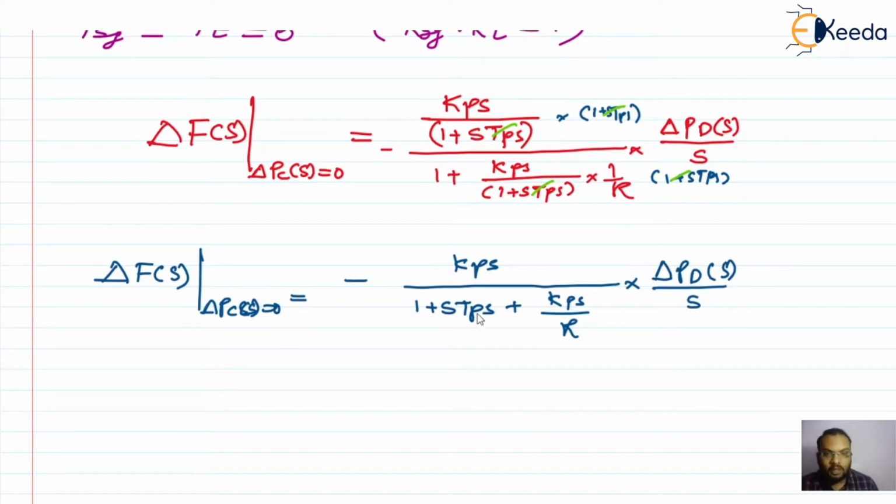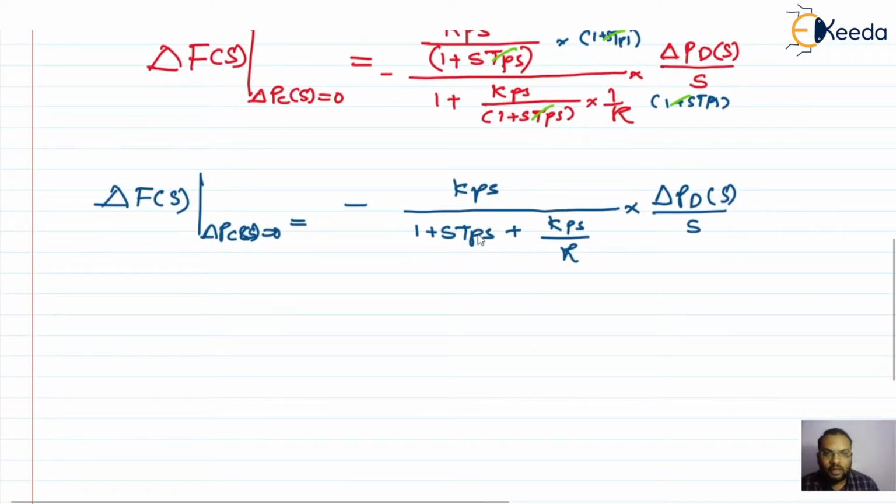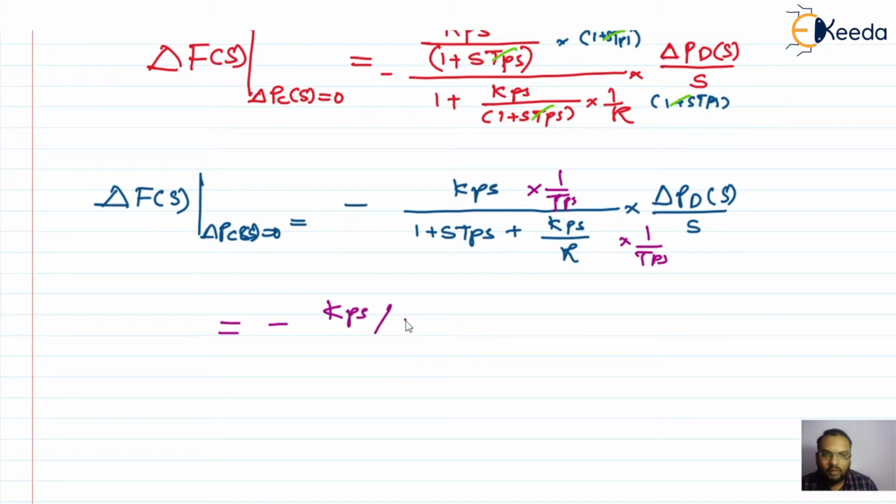Now let me take TPS as common from this denominator, or let us multiply and divide with 1 upon TPS. We get this equation as minus KPS divided by TPS, divided by these terms in bracket.